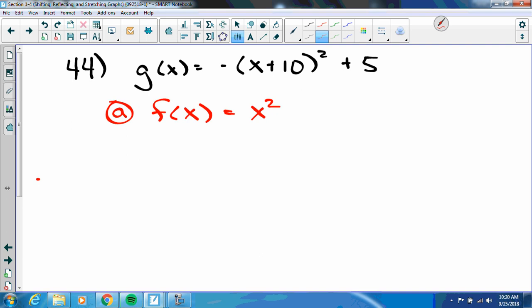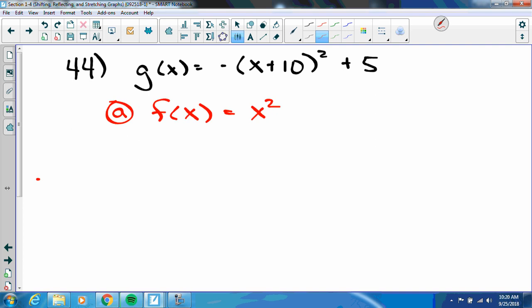And then part B, it says, describe the sequence of transformations from f to g. So what do I have to do to this to eventually get that? So what's the first thing I have to do? The first thing I have to do is the stuff in the parentheses. I add 10 to x, which does what?